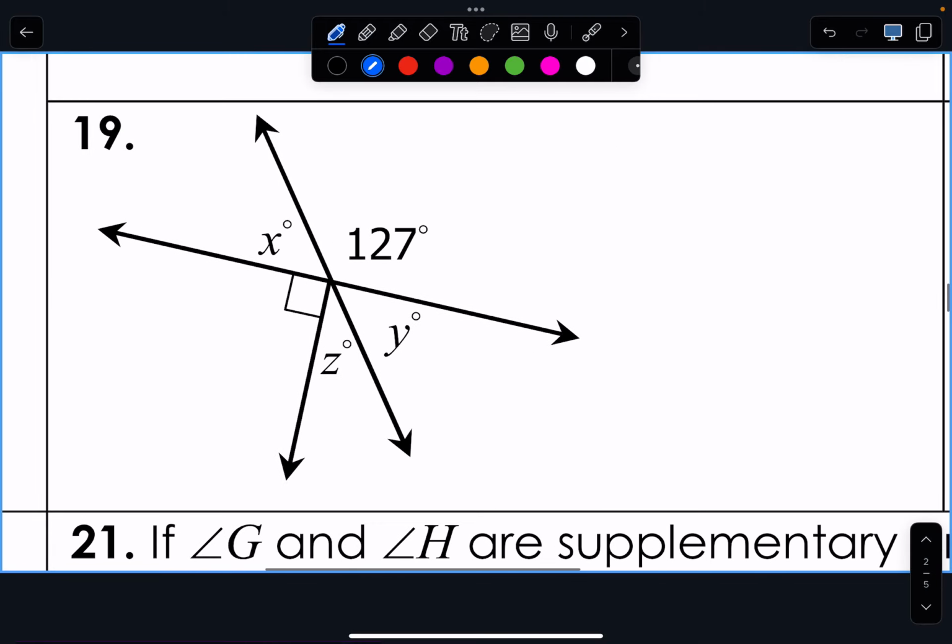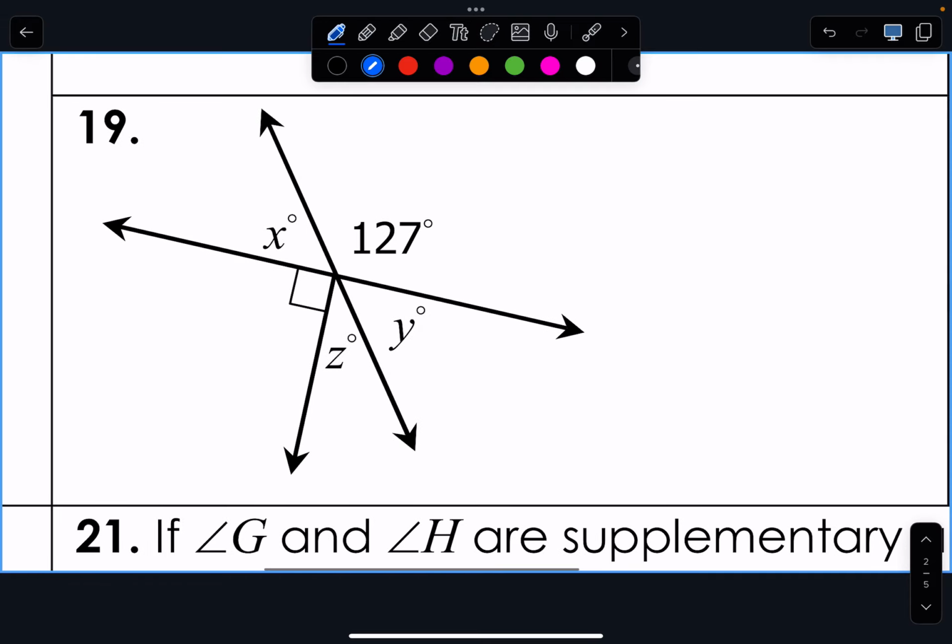Whew, I like this one. Can we talk about 19? Let's find X first. What is true about X? Okay, we know X is supplementary to this angle that's 127.